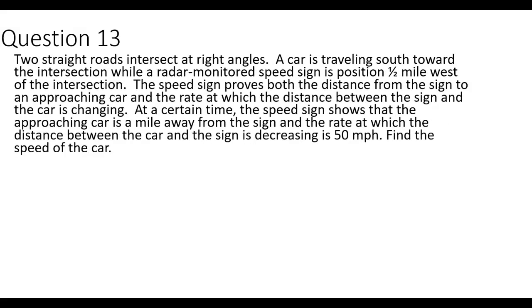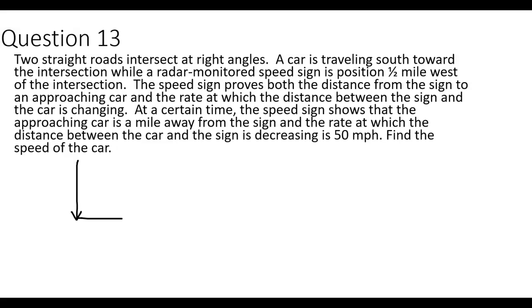This is another pretty tough one here. All right, so this one says 2 straight roads intersect at a right angle. So here's one road, here's another road. A car traveling south, so we'll say that this is the car traveling south, obviously, right? A car is traveling southward toward the intersection while a radar monitored speed sign is positioned 1/2 a mile west of the intersection.